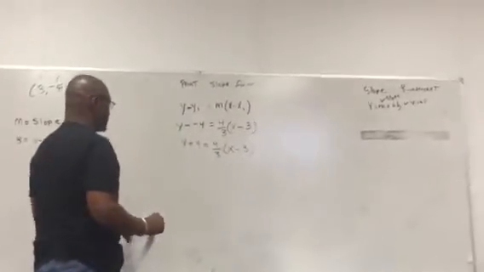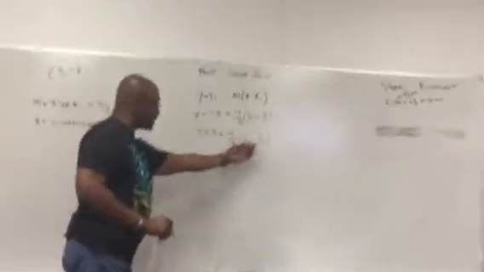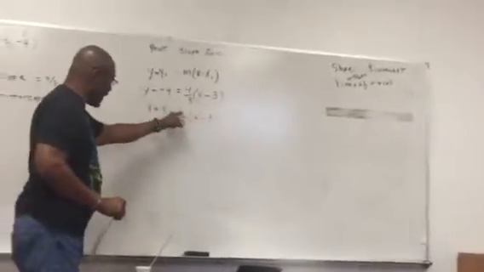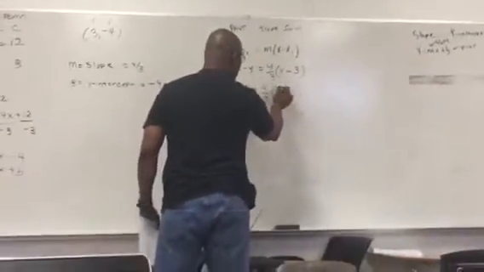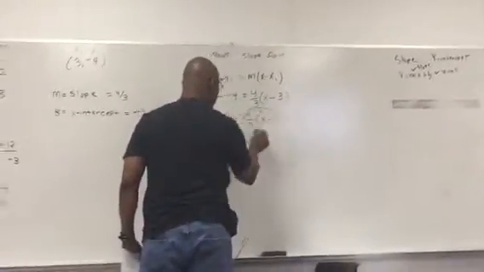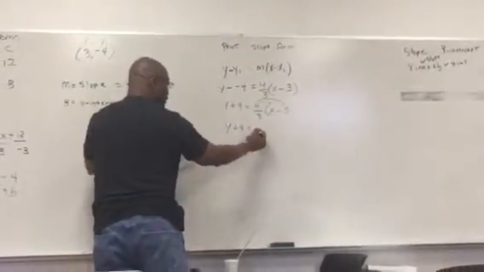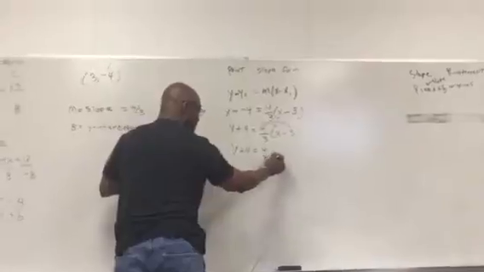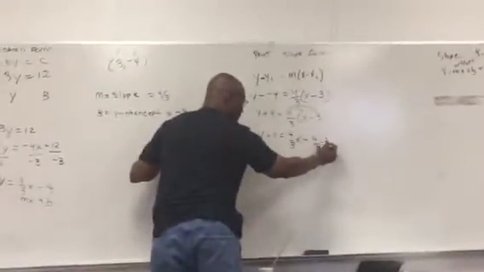Okay? This is my y. You see this? You see parentheses? Parentheses tell you to either combine what's on the inside, and if I can't combine them, I have to multiply or distribute whatever is on the outside times everything on the inside. So I'm going to distribute this 4/3 to everything that's here. So it's going to be y plus 4 is equal to 4/3 x minus 4/3 times 3.